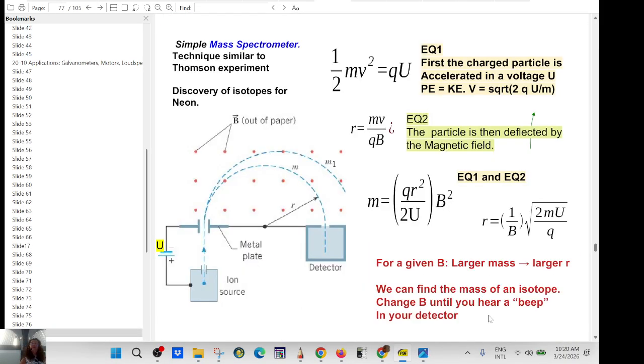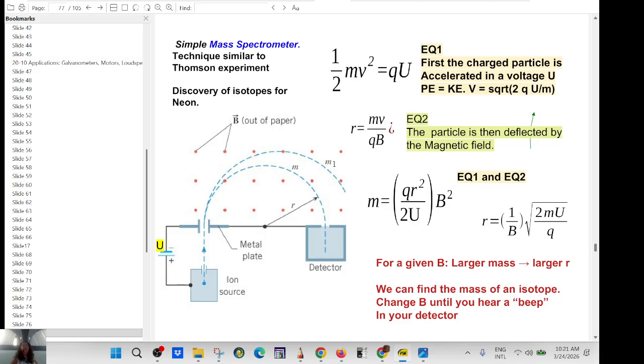Okay, mass spectrometer. How does it work? First you use an electric field to accelerate the isotopes, or the charged particle, and let's say you don't know the mass of that charged particle. First you use an electric field, like we did for test 2.